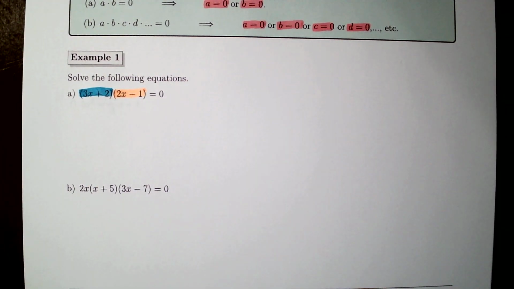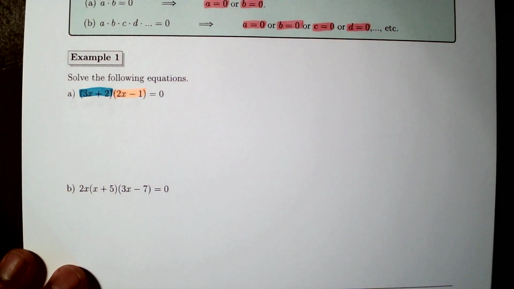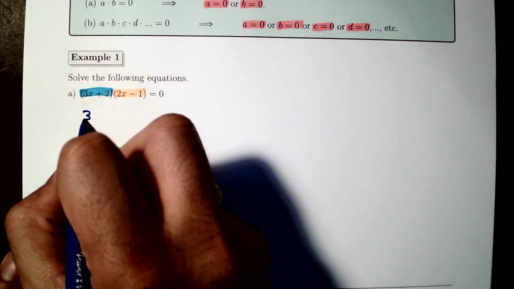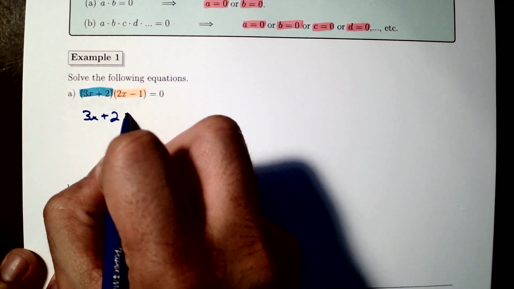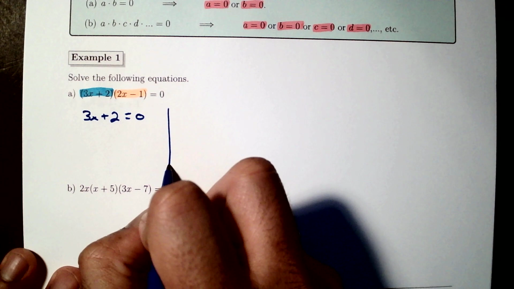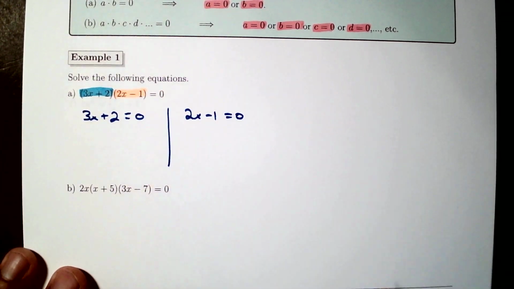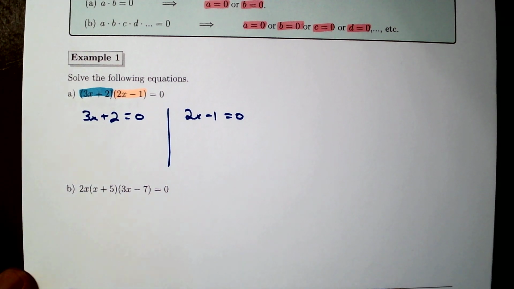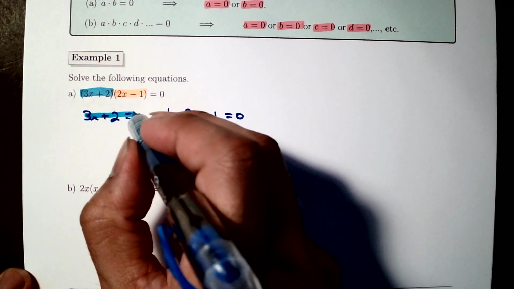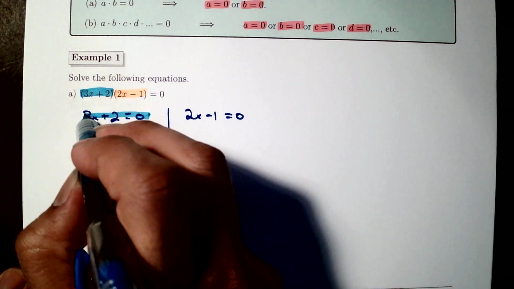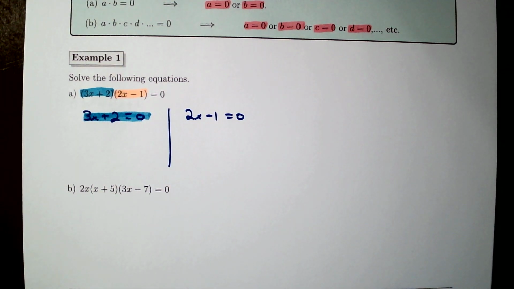So by the zero product property, either 3x plus 2 equals 0 or 2x minus 1 equals 0. That means factor in blue, set it equal to 0, and the factor in orange, set it equal to 0.